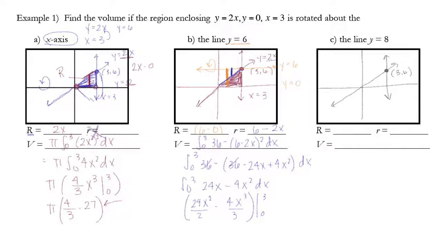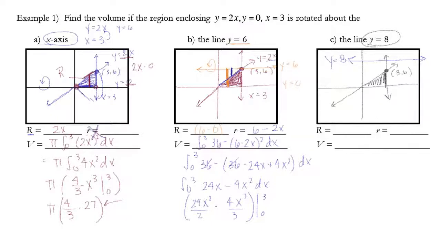All right, so now we have our bounded region. And now I want the axis of rotation to be about y equals 8. So the line y equals 8, of course, is going to be up here somewhere. And so notice now we definitely have a larger gap, and so we'll have to have both big R and little r.